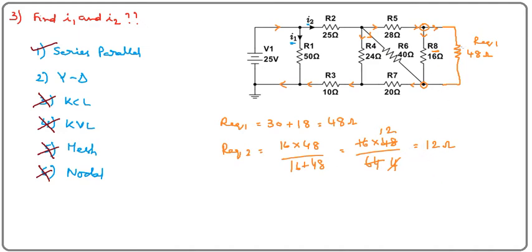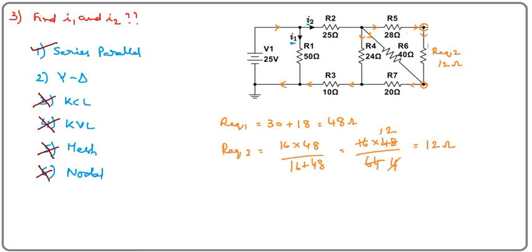Now I can replace the whole thing, that means R8 and R equivalent 1, with a 12 ohm resistor. I have replaced this with R equivalent 2, and the value is 12 ohm.